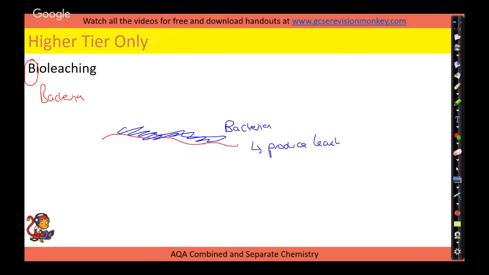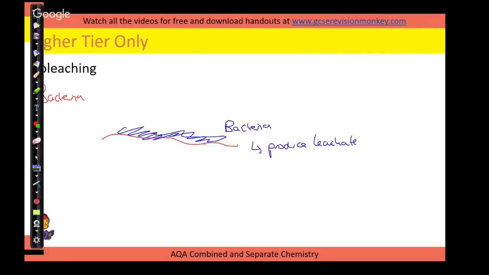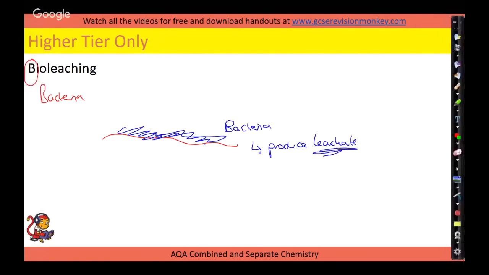You don't need to know this in detail, but you need to know that the bacteria break down the copper compounds and produce a solution called leachate. And then exactly the same as you did before with the plants, you would either use electrolysis or you would use displacement with scrap iron to extract the copper from that.